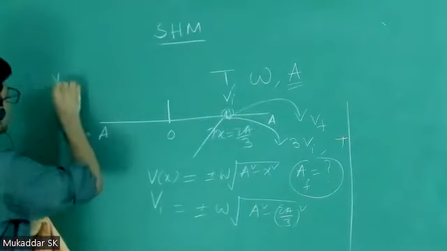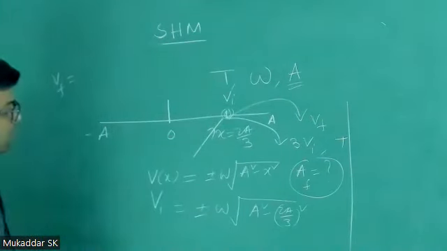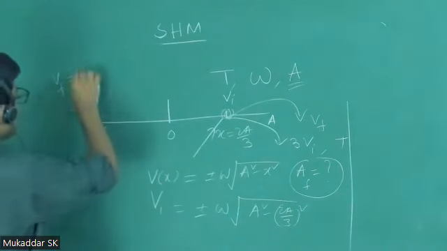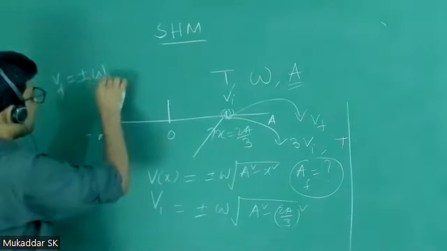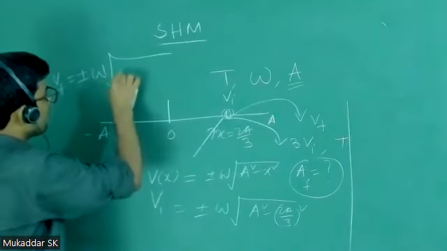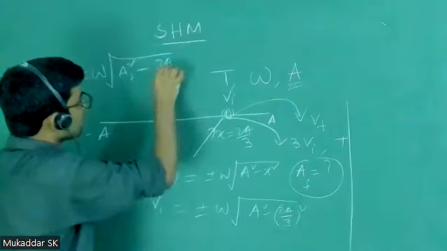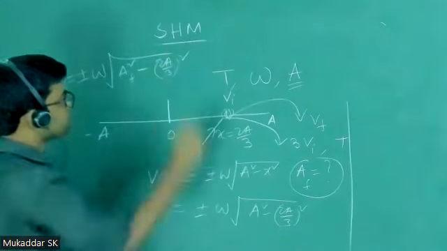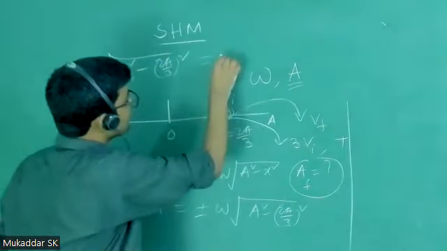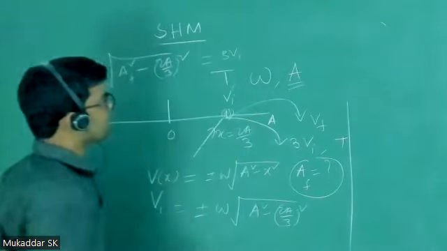Can you please tell me what the vf will be? How can you represent vf? I can represent it like this: plus minus omega times the square root of a f square minus (2a by 3) square. And that will be what? 3 times vi according to the given condition.